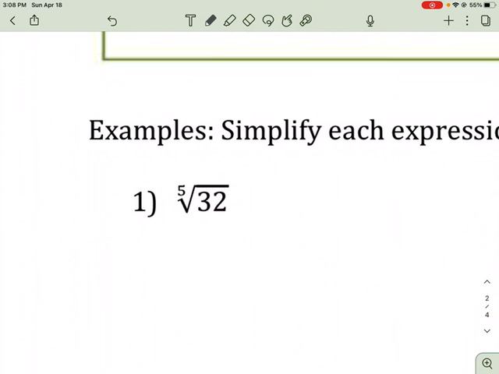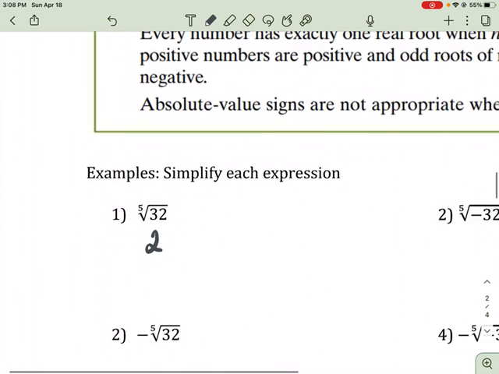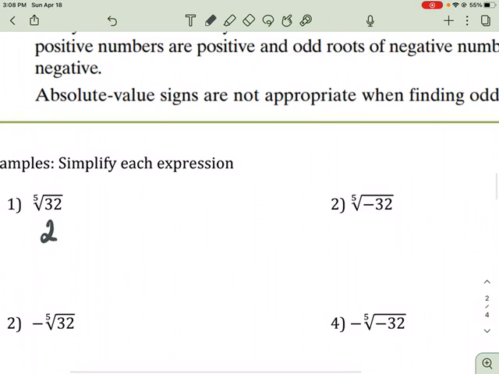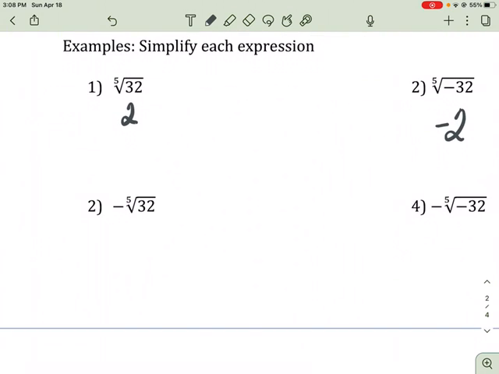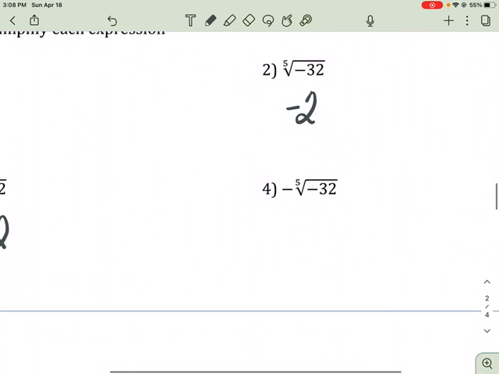All right, so let's do some simplifying. The fifth root of 32, so I believe it's 2. The fifth root of negative 32 is negative 2. The negative fifth root of 32 is negative 2. And the negative fifth root of negative 32 is going to be positive 2.